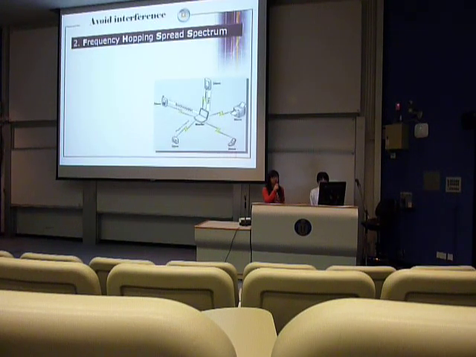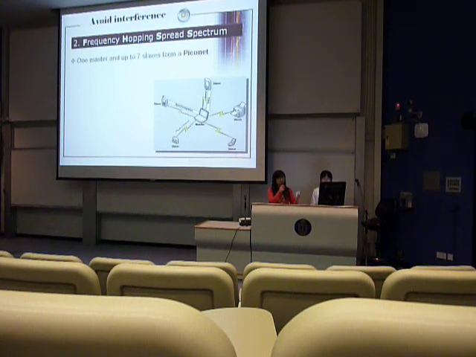Talking about frequency hopping strategies, we should know that the basic unit of a Bluetooth network is the piconet. A piconet consists of one master and up to 7 slaves. In the picture you can see the computer is the master and the devices around it are slaves. This enables one device to transmit signals at the same time to up to 7 different devices.